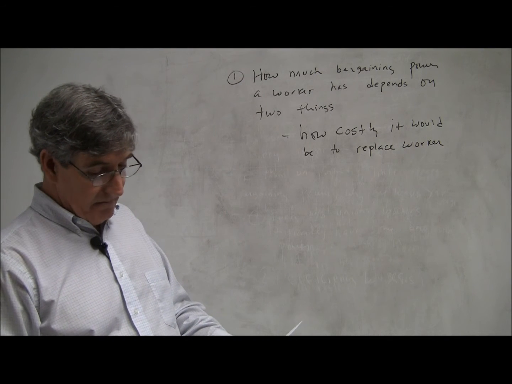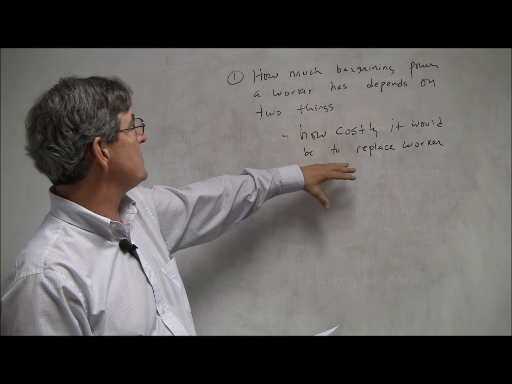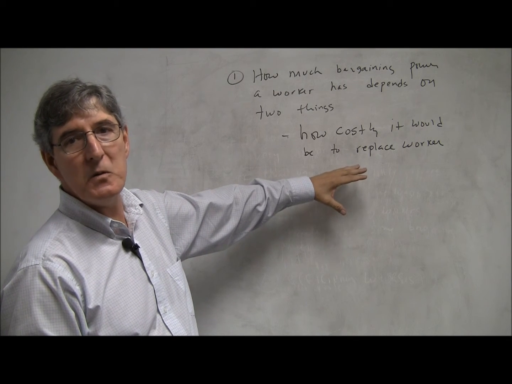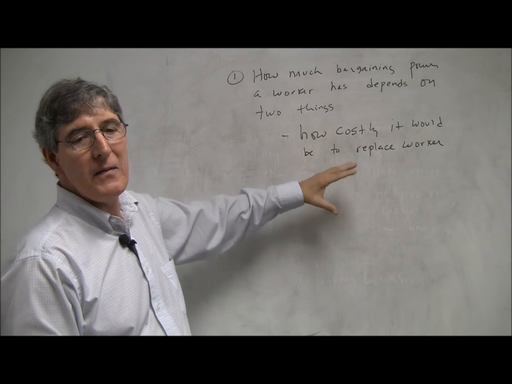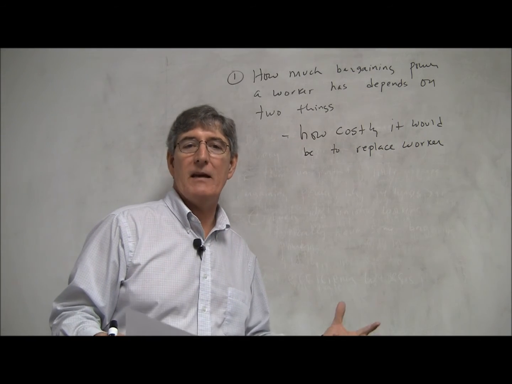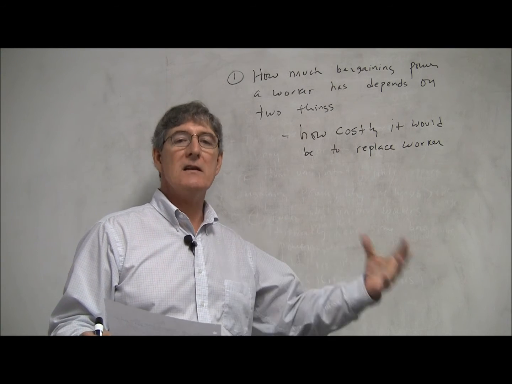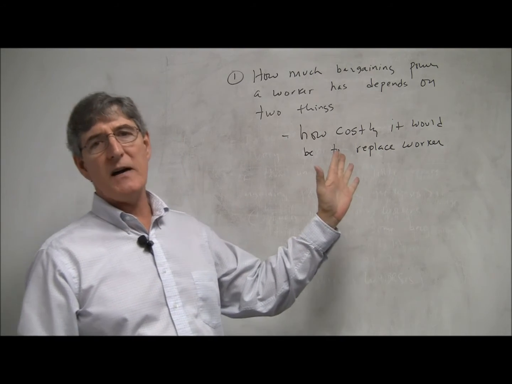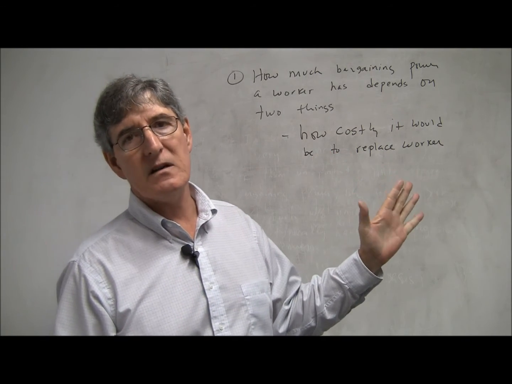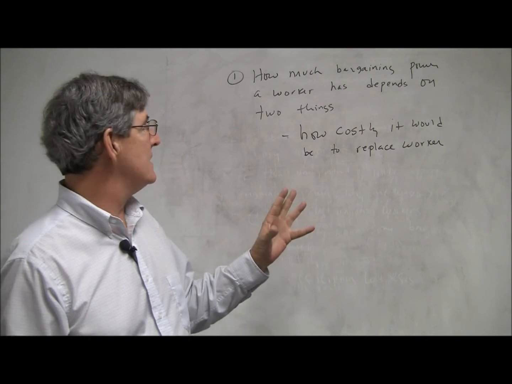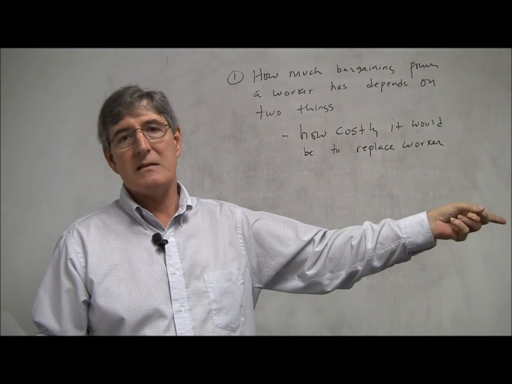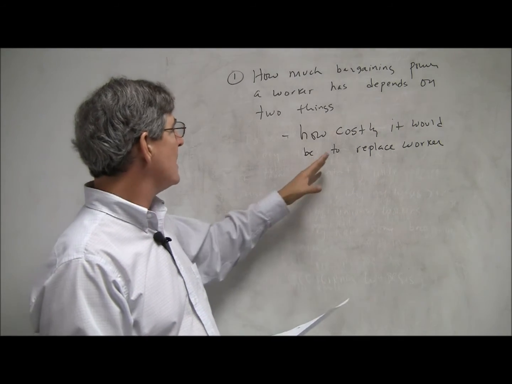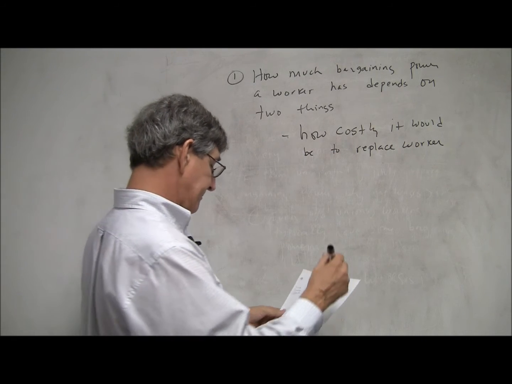So if the job requires a lot of specialized training, a lot of on-the-job training, so you took your worker and you sent him to all these schools for a year or two, then that worker is going to have a lot of bargaining power, because if he or she threatens to quit, it's going to cost you a whole lot to retrain a new worker. If, on the other hand, there's a bunch of workers out there that know how to do this stuff, that worker is going to have a lot less bargaining power, because if they threaten to leave, you say, fine, go ahead. I got someone out here that's unemployed. They'll take your job. They'd love to have it. And so the cost of replacing a worker is going to be important.